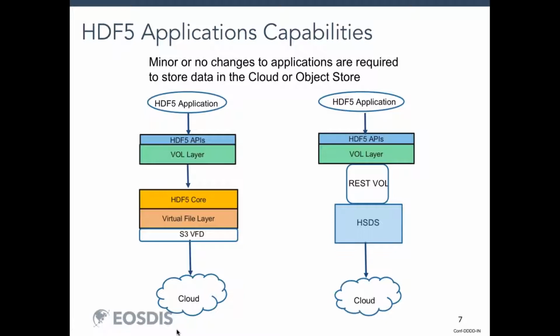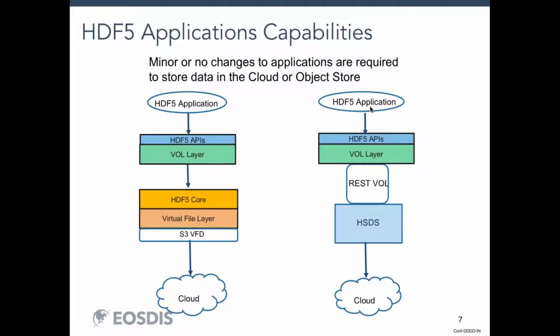For example, if an application goes through HDF5 APIs, it uses the S3 VFD that will be released in 1.12, and it also will be released in releases of 1.10, and we are even backporting it to 1.8 because it's just infrastructure that was available in the library for quite some time. The S3 VFD translates offsets and sizes of the requests that go into the POSIX system into GET range requests and accesses the HDF5 file in the cloud.